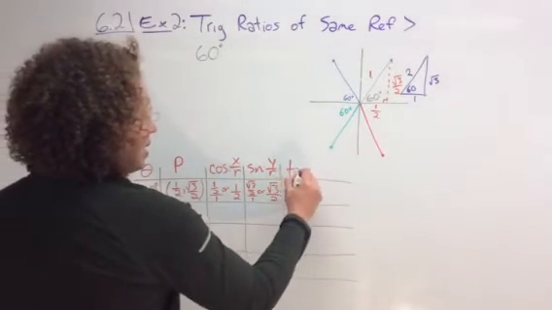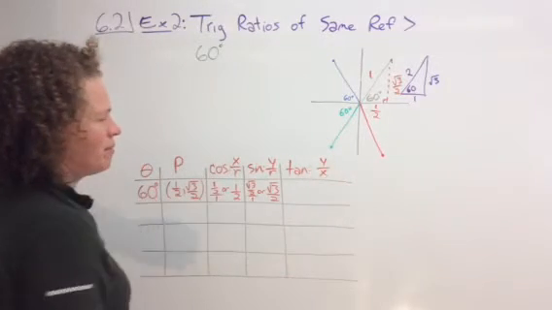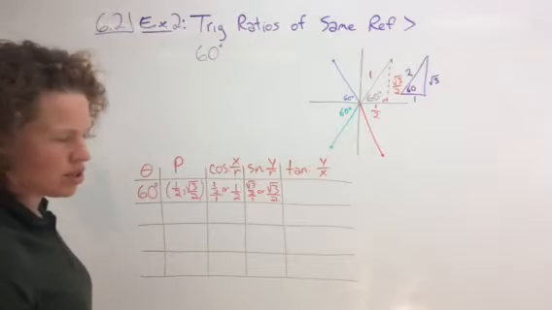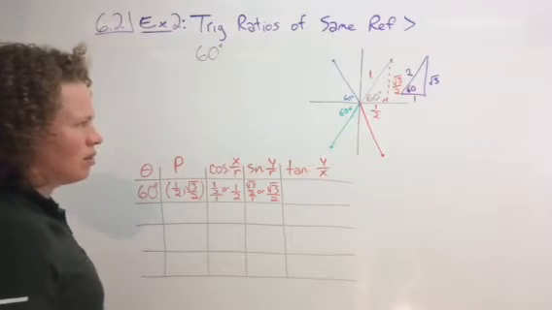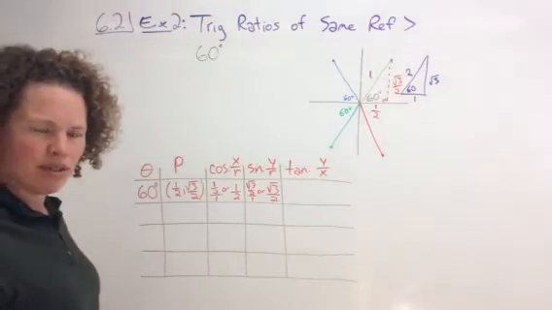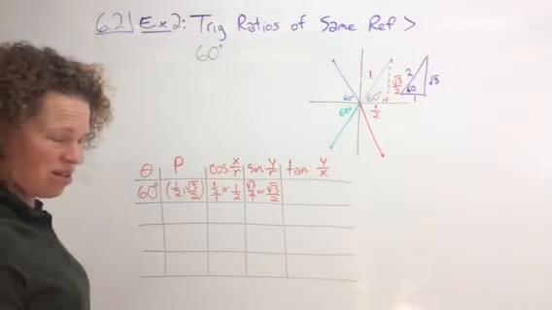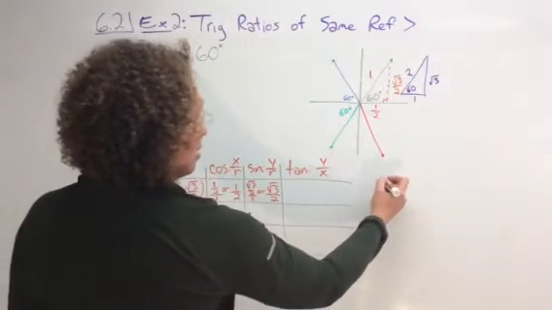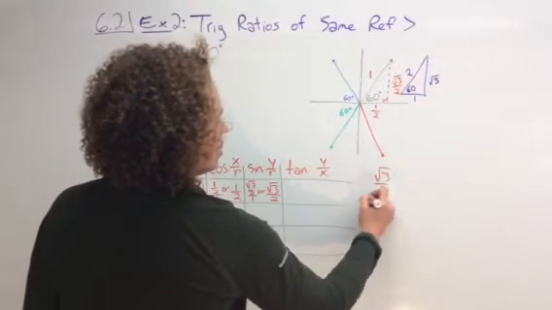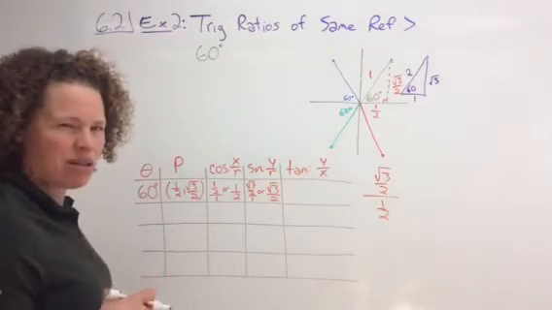Tan is our last one, and tan is y over x. Because it's opposite over adjacent, that's kind of a weird one. I'm going to write it a little different because y over x means y divided by x. So rather than stack a fraction, which just looks painful, like look at this, y over x. Ouch, make it stop.